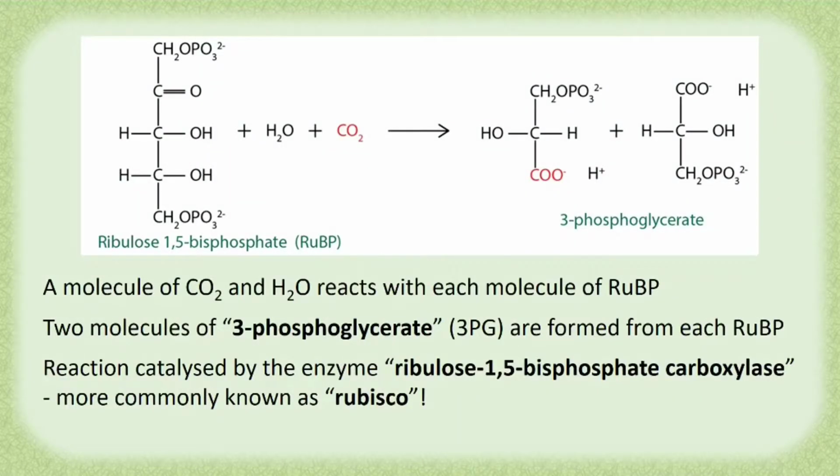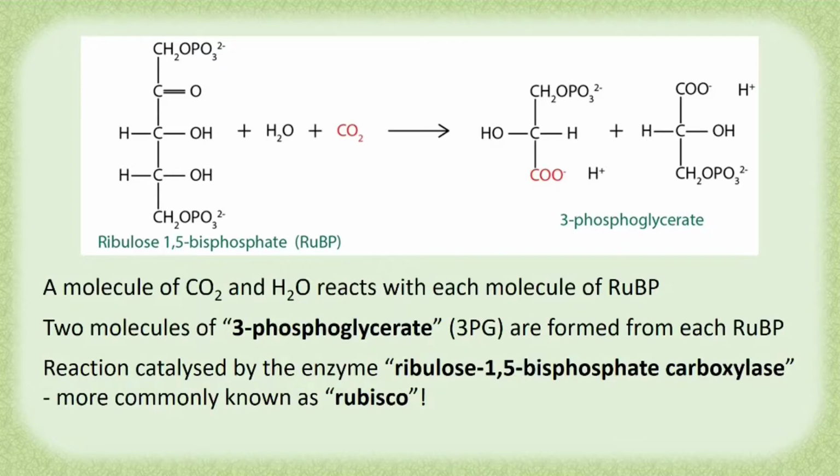So the equation here shows the structures of the substances involved in a rather more conventional chemistry way, showing the symbols for the different atoms. And we can see how one molecule of ribulose 1,5-bisphosphate reacts with a water molecule and a carbon dioxide molecule to make these 2 smaller molecules of 3-phosphoglycerate, or 3PG for short.